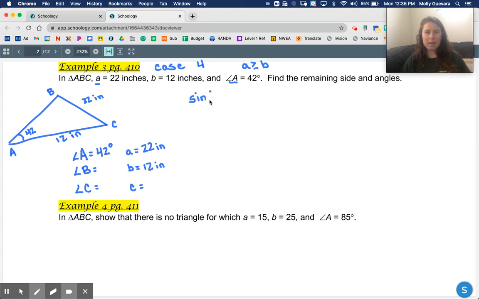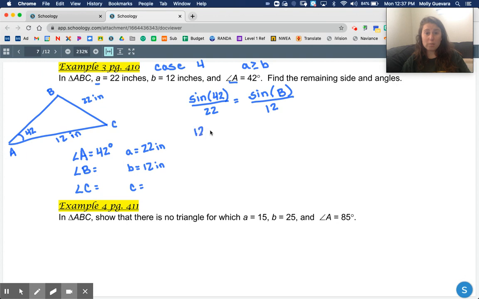So sine of my angle divided by my side equals sine of my angle. Well, in this case, I know side B, so it has to be angle B over my side. And we're going to cross multiply and solve.